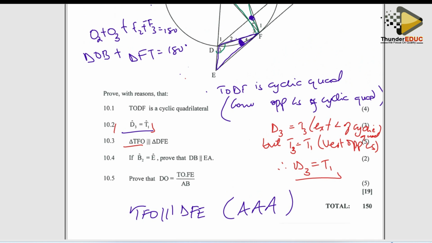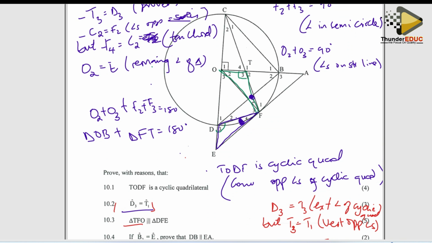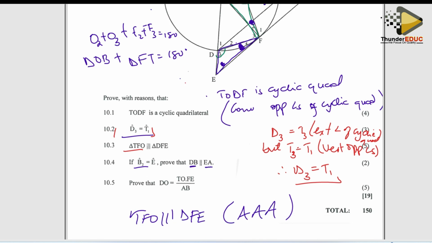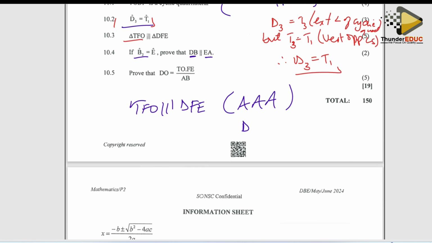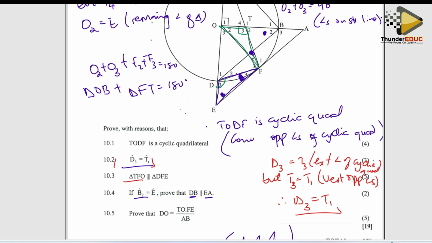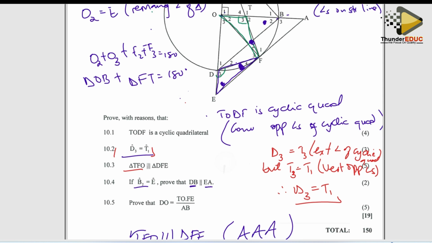And then 10.4, they want us to prove that DB is parallel to EA if B2 is the same as E. B2 is the same as E. So what we can say is that D1 is also the same as B2. D1 is the same as B2, because this is a radius. OB is a radius, even OD is a radius.